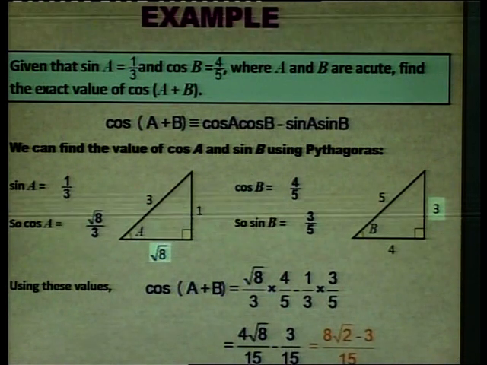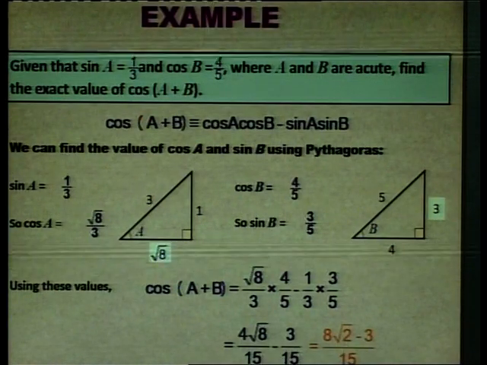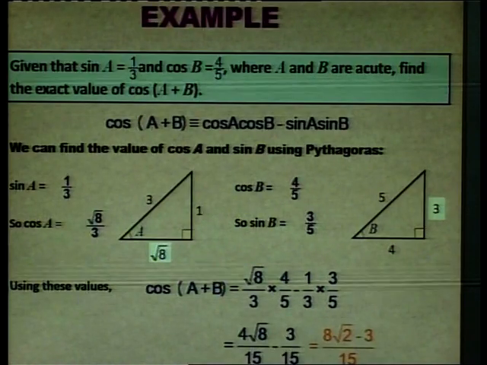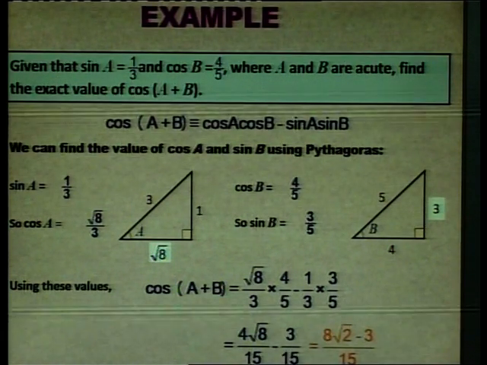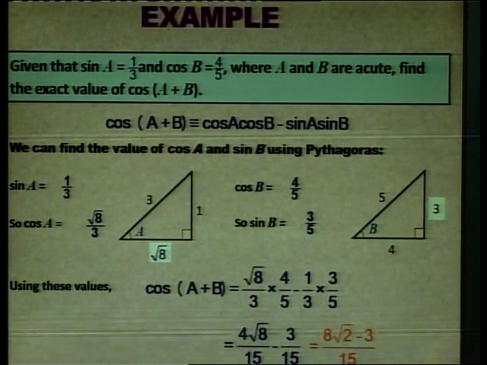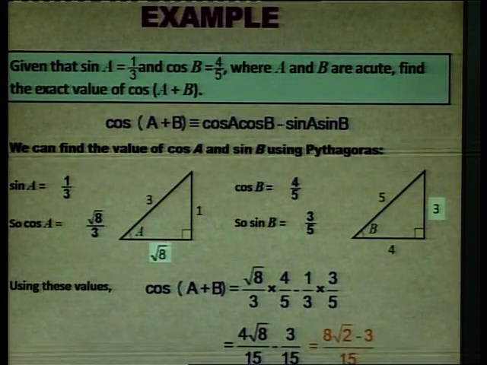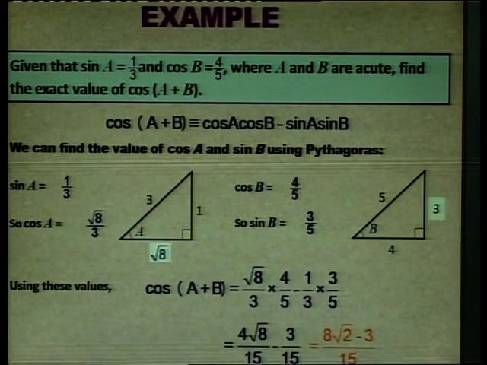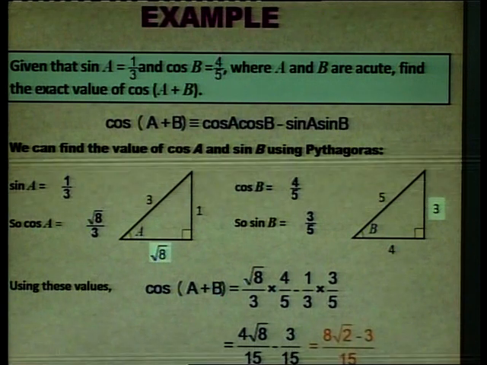Now, I have to choose in which quadrants A and B lie, because you have to be very careful. Apparently, this sine and cosine seem to be in the first quadrant, because in the first quadrant all the trigonometric ratios take positive values.